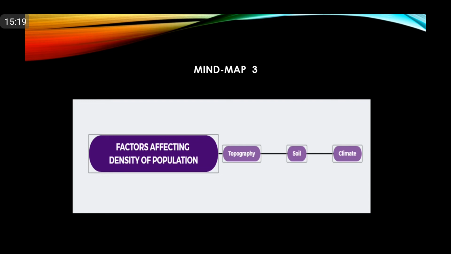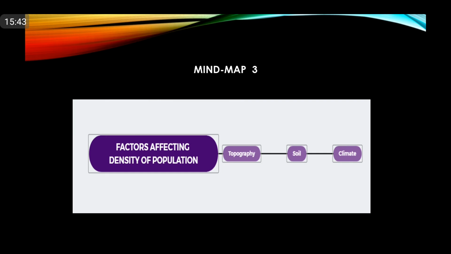Now the third one in your mind map is climate. Climate is as important as terrain or soil in influencing population. Of all the climatic factors, the twin elements of rain and temperature play the most important role in determining the population of an area.